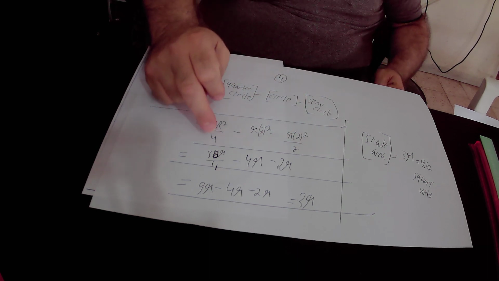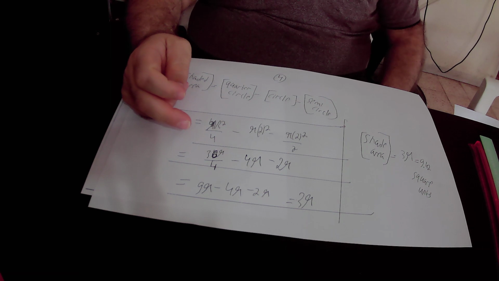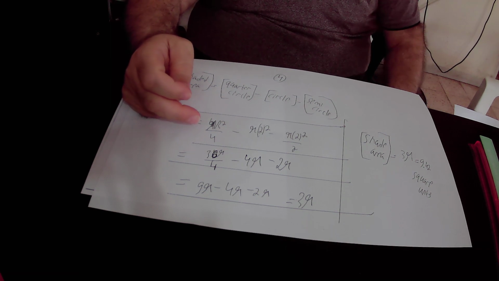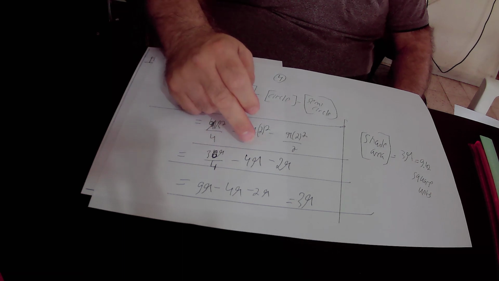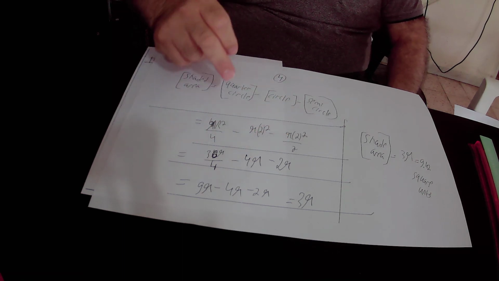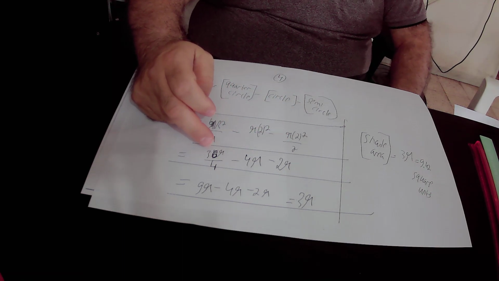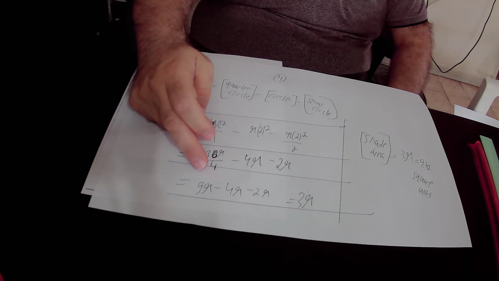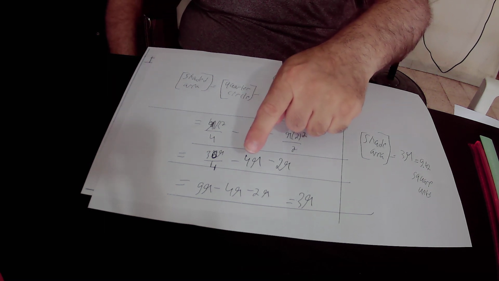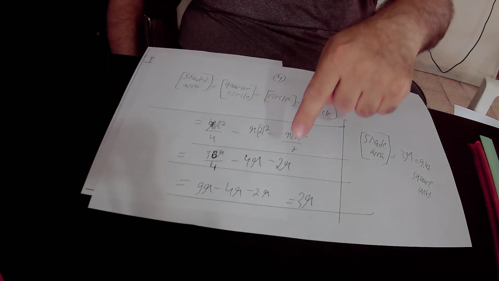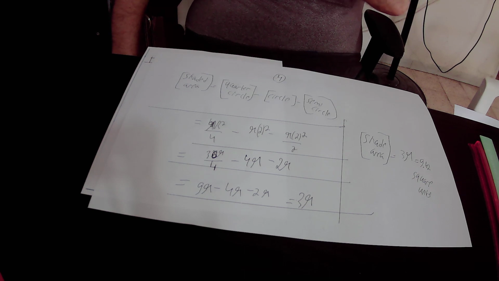So the value of the shaded area equals 36 over 4 times pi minus 4 pi minus 2 pi. 36 over 4 is 9, so this expression equals 9 pi, that is the area of the quarter circle, minus the area of the circle, that is 4 pi, minus the area of the semicircle, that is 2 pi.